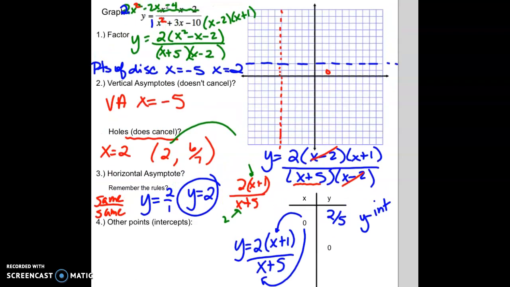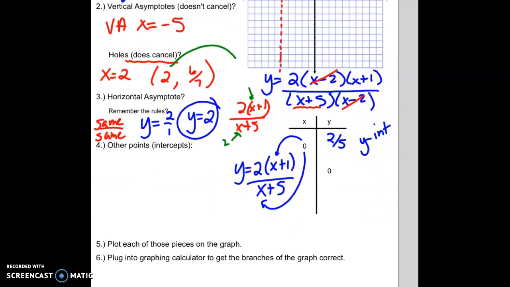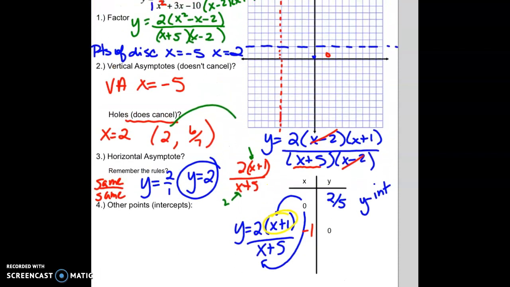So 0, 2/5. Okay, and then if we plug a 0 in for y, we're really just looking at the numerator. What makes the numerator equal to 0? The only thing that makes a 0 here would be negative 1. All right, let's plot that point, negative 1, 0.